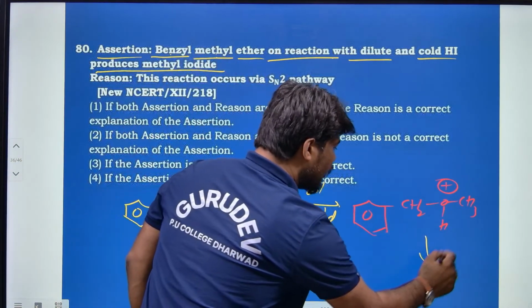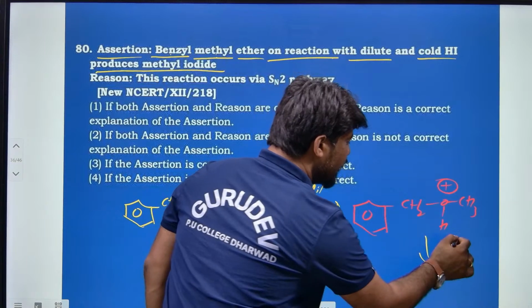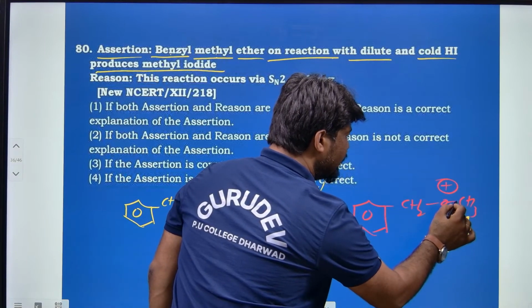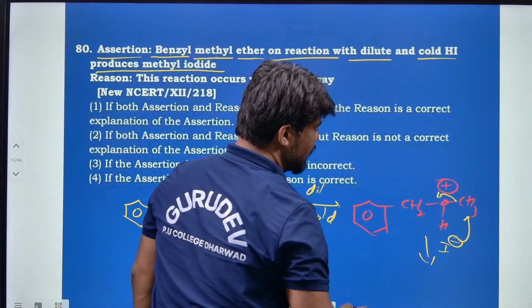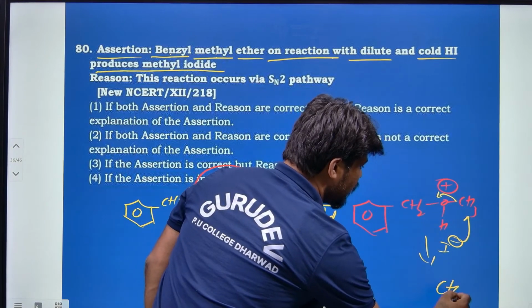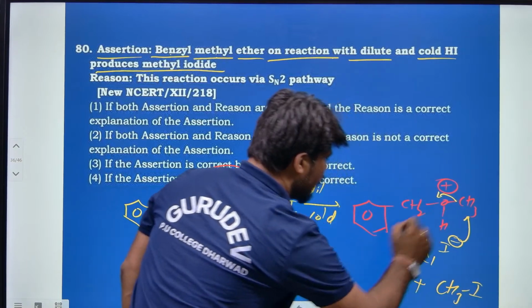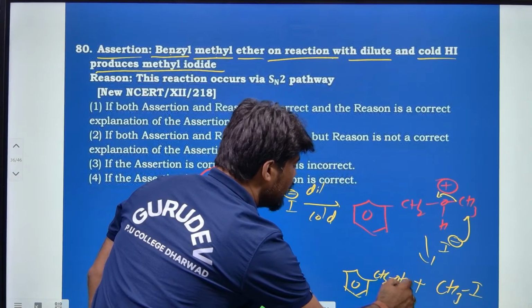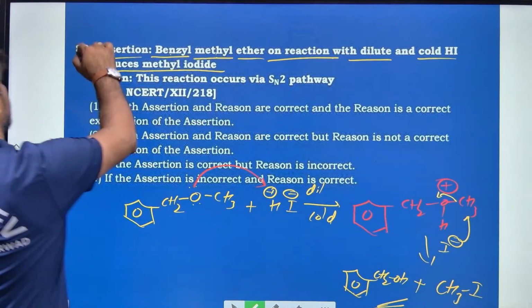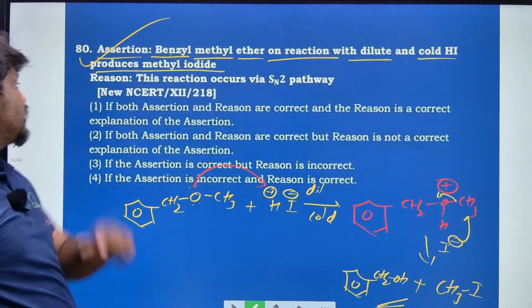The iodide ion attacks the methyl, and this methyl group donates electrons to the oxygen again, resulting in the formation of methyl iodide, along with the formation of benzoyl alcohol. Hence the assertion is the right statement.